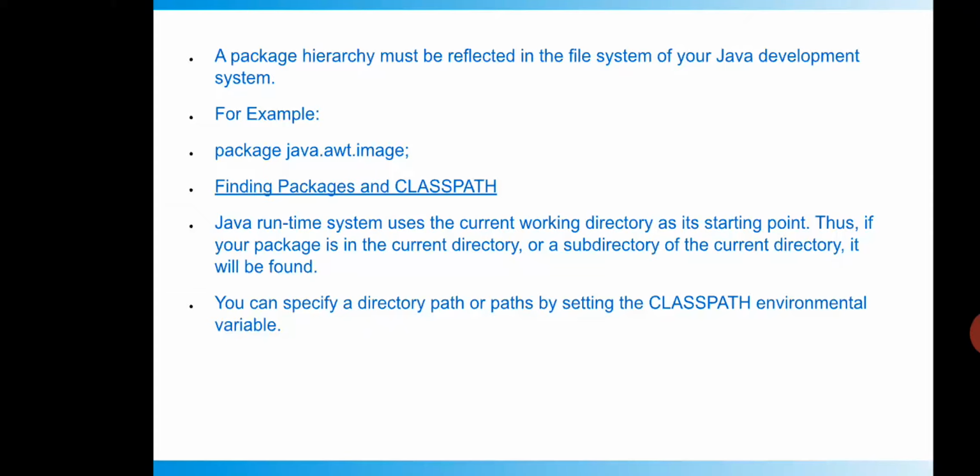So that is the reason why I say this: whenever we learn something new, practically you have to do it, then only you can remember. Otherwise, if you are very new to this class path concept, can you understand what the last line is? You can specify the directory path or paths by setting the class path environment variable. What is it?